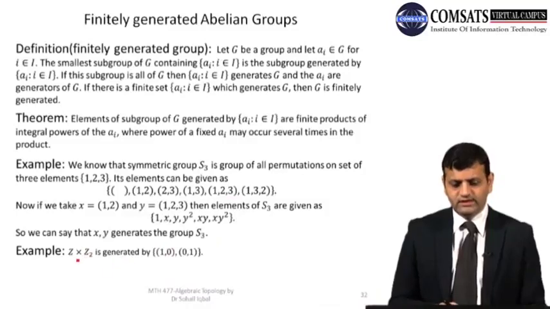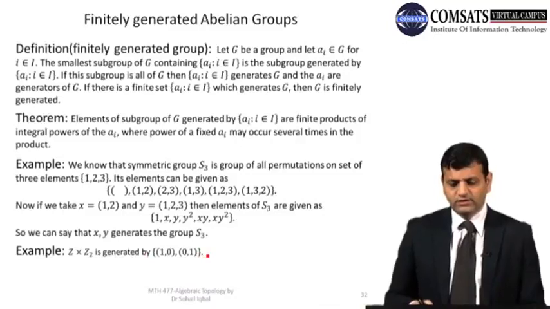Another example is Z cross Z2, which is generated by (1, 0) and (0, 1). So what is Z2? The elements of Z2 are 0 and 1. These are congruence classes. If you have any integer, you divide it by 2, and this set contains the remainder.